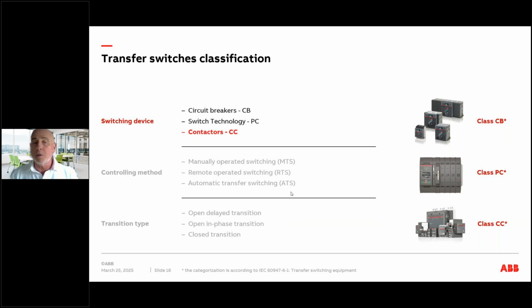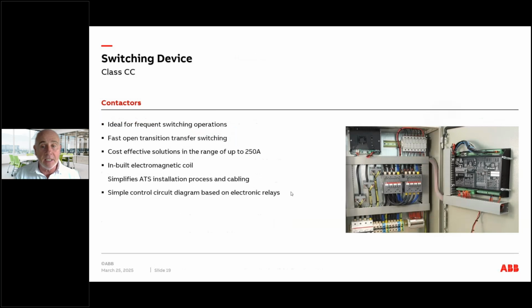So the third one in the switching devices now is contactors. So they're classified as CC. As you can see with the image on the right-hand side there, these are more at home really for frequent switching operations, because that's what a contactor is designed to do. It has a longer robustness for high frequency switching. Fast open transition transfer switching is cost effective with solutions in the range roughly up to 250 amp.